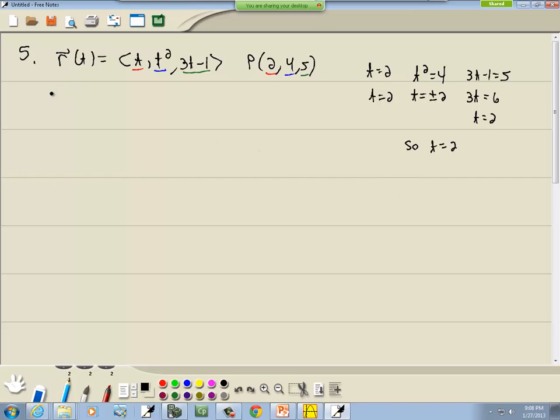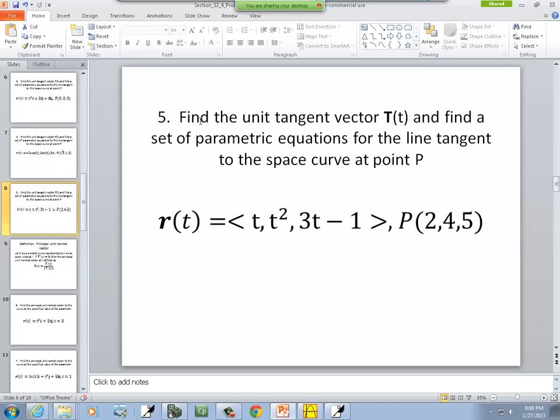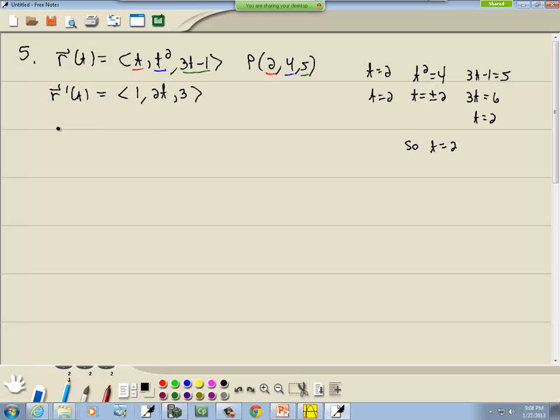Well, we need r prime. Derivative of that gives us 1, 2t, and 3. Now we're trying to find a unit tangent vector, so we can go ahead and plug in our value. So r prime of 2 is going to equal 1, 2 times 2, 3.